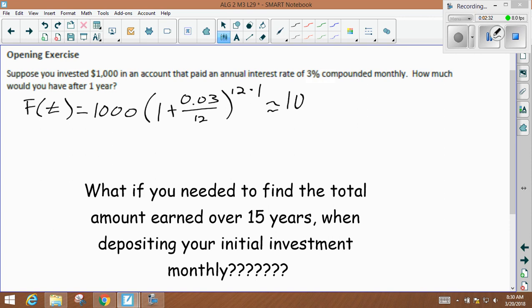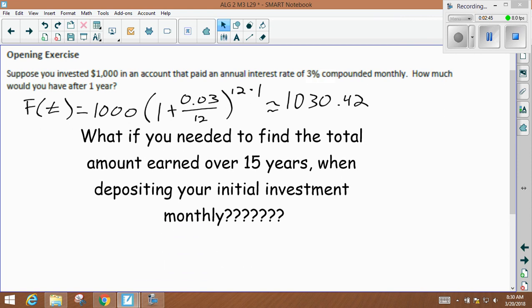So that gives us approximately $1,030 and 42 cents, right? If we're talking about money. But you have an interesting question here, and that is, what if instead of just depositing $1,000 and letting it sit there for 12 months, we deposit $1,000 every month?